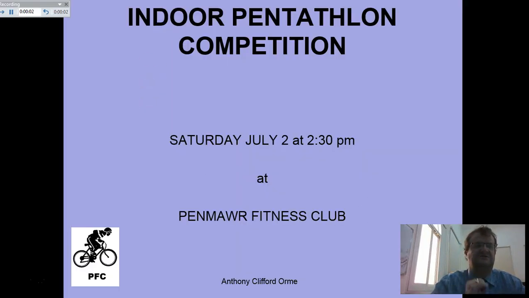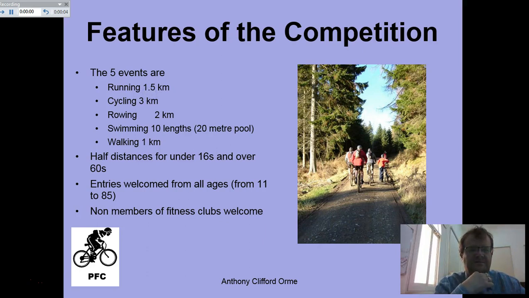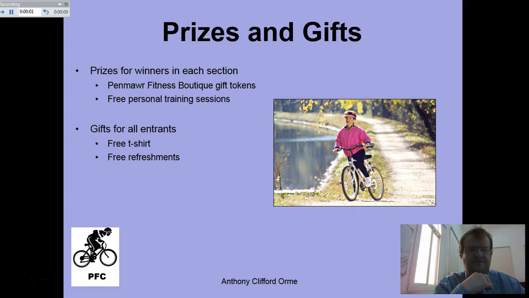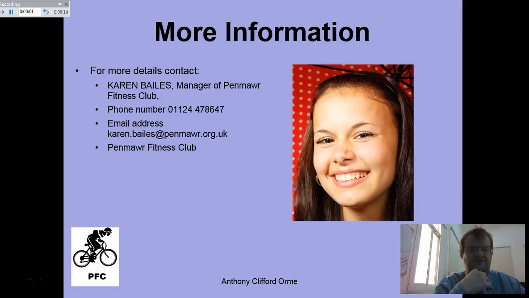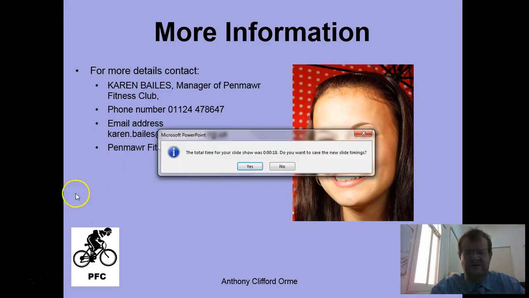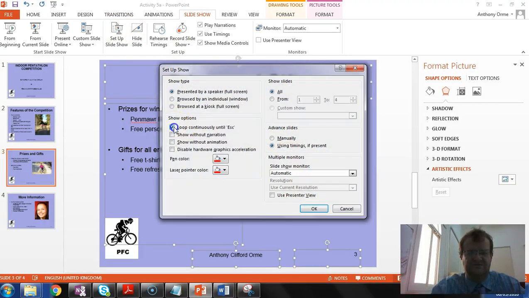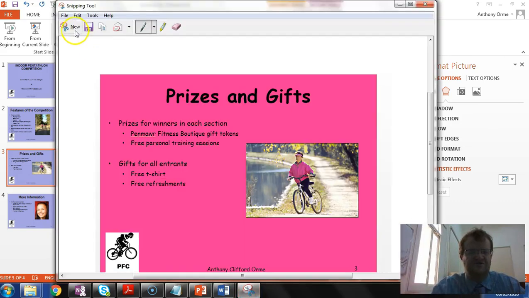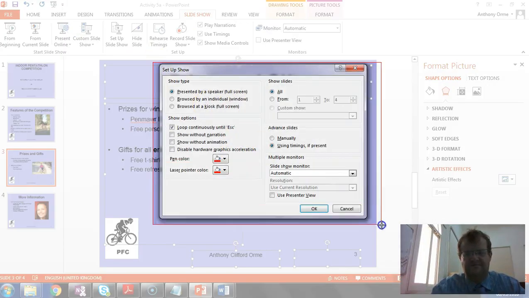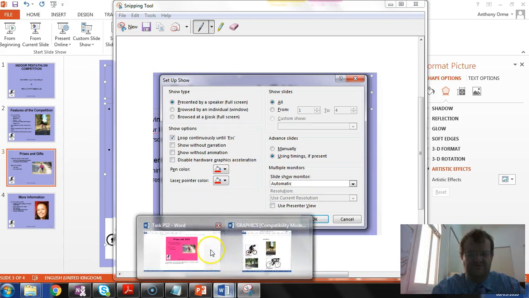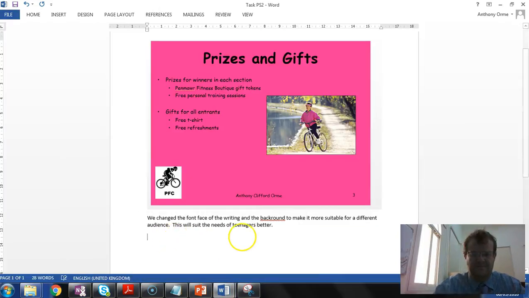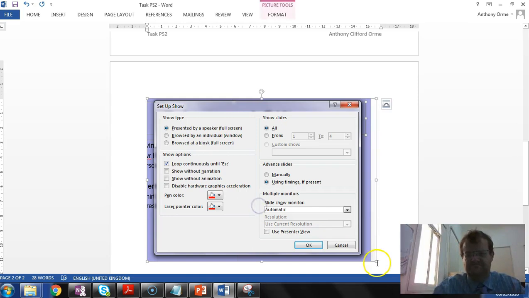So if we click on here, so I'm rehearsing the timings, and then all I'll do is set up show and I'll loop continuously, and I'm going to paste a screenshot of this into my Word document, like so.